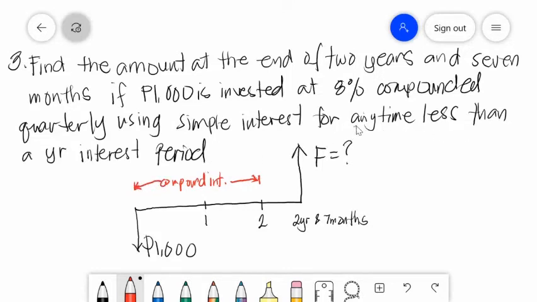And for any time less than a year, we will use the simple interest. So this one, 7 months, less than a year, we will use simple.